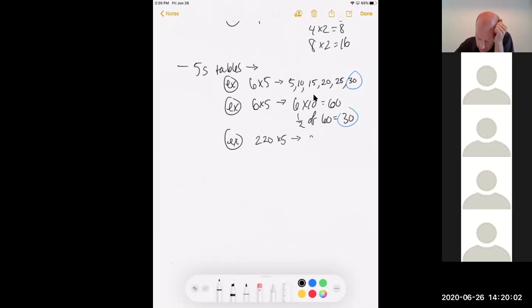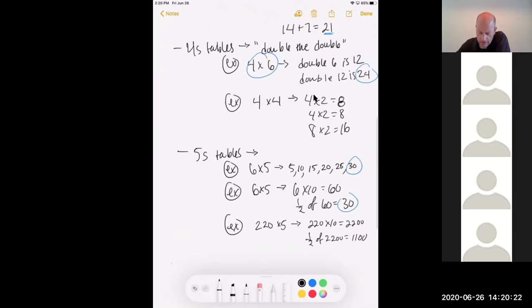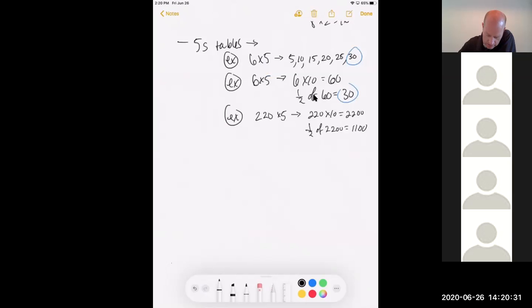So I could do 220 times 10, which is 2200. Then half of 2200 is 1100. So the 5's tables trick with half of 10 times whatever, and the 4's doubling the double, also work for numbers with any number of digits. We're going to focus on one digit by one digit.